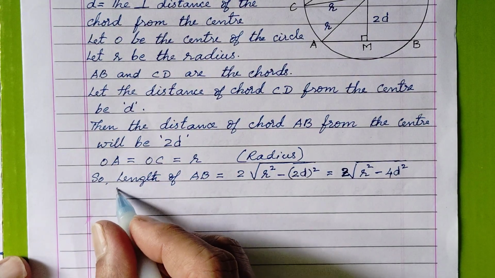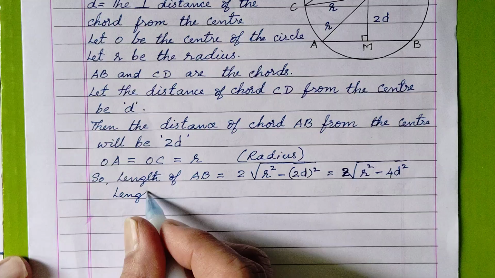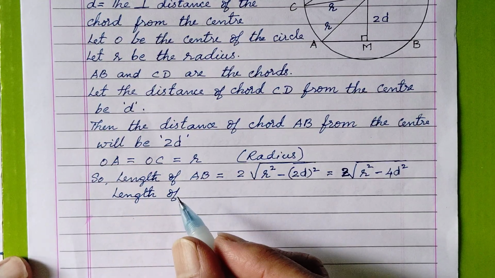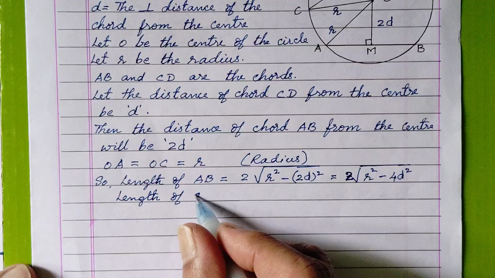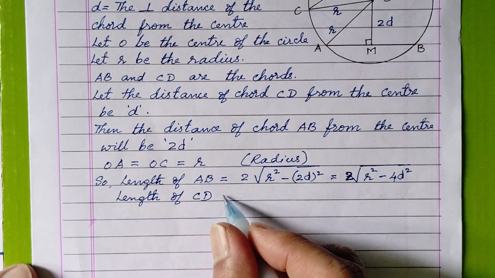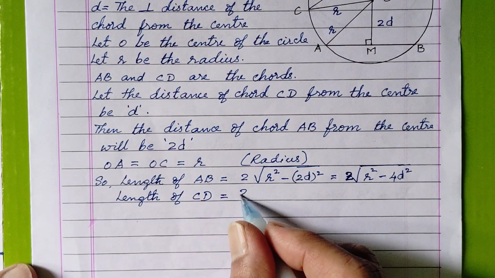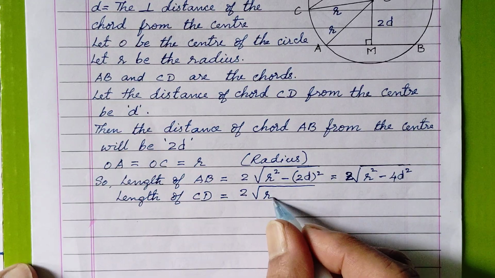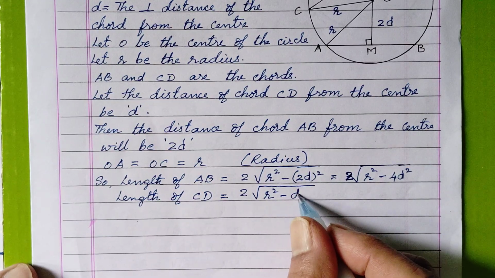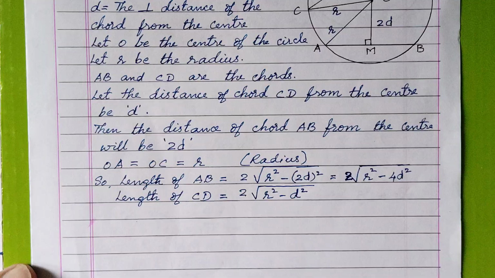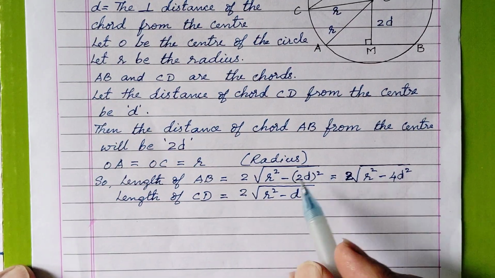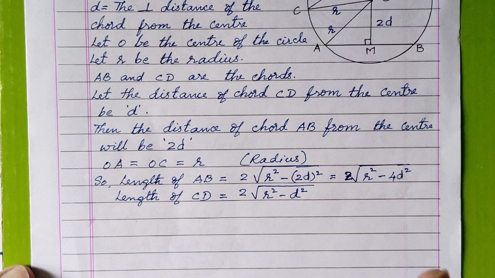Length of CD will be equal to twice of root R square minus D square. Okay, so we got the length of AB and CD.